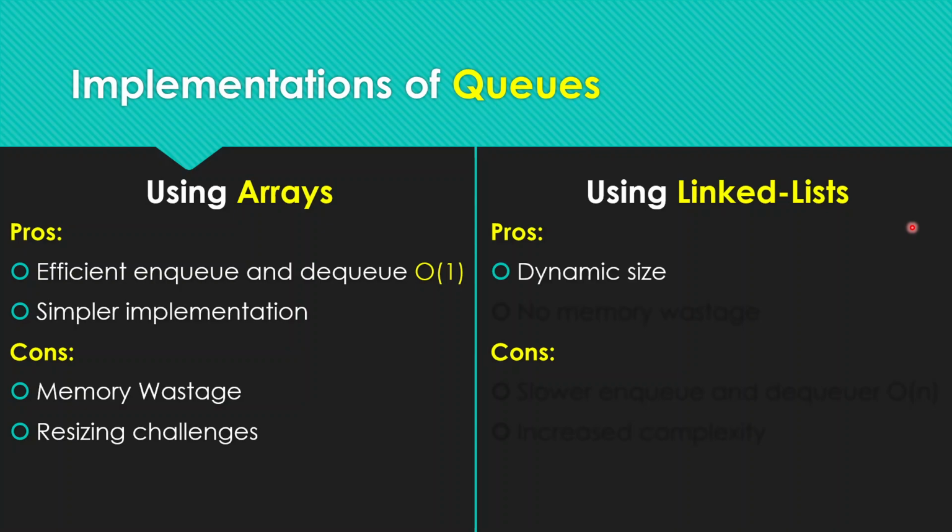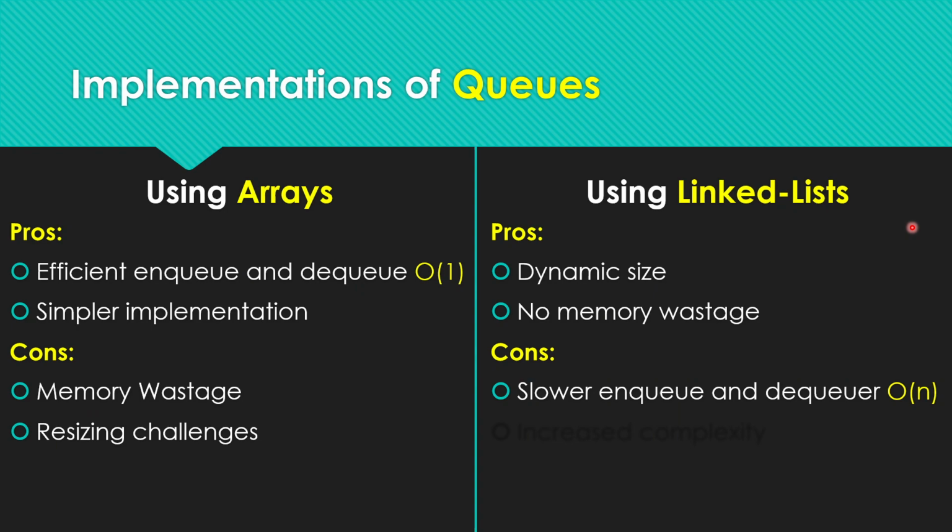With linked lists, the main advantage is that it's dynamic in size, so it's used to implement queues that do not really need you to know the size initially. Then we don't have any memory wastage, because we're just going to create a new node for every queue item that we create.